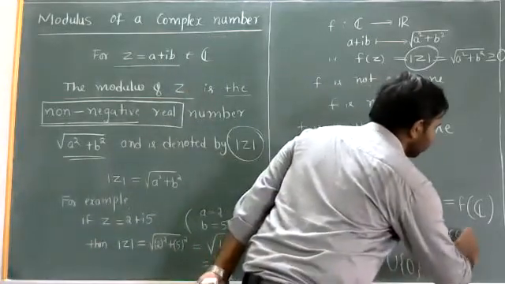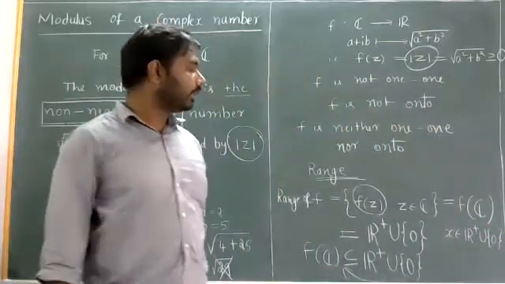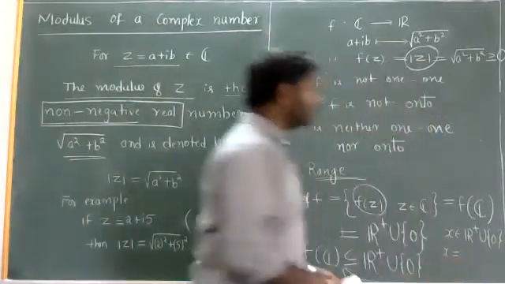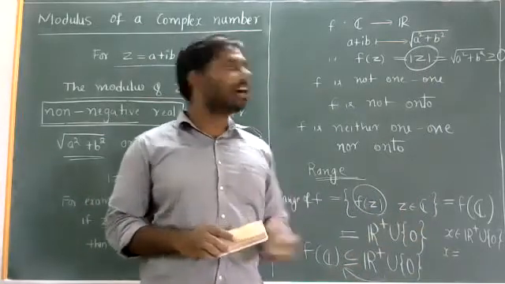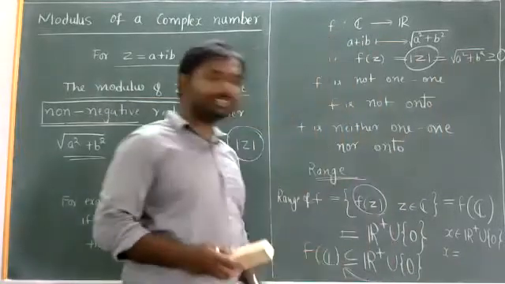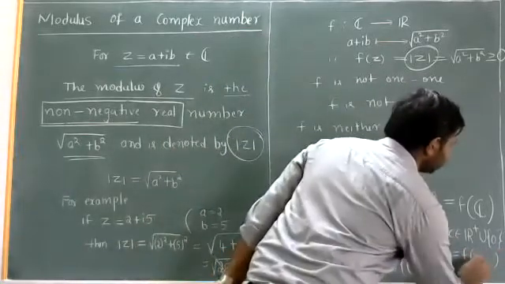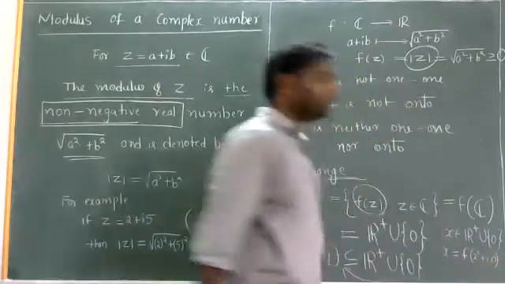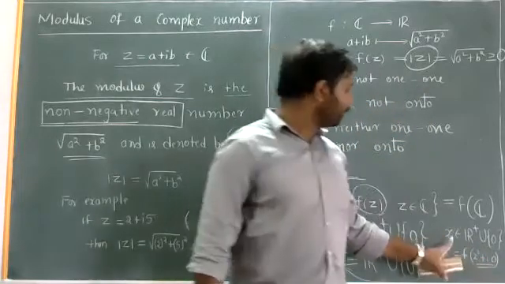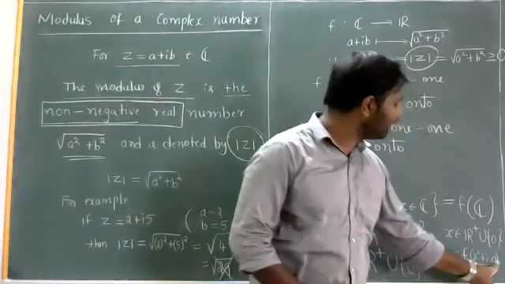So if you consider a non-negative real number x, then you have to show that x is the image of some complex number. And what is the image? It is the modulus. In this case, I can write it is the image of the complex number x square plus i into 0. Because x is a real number, x square will also be a real number. It is of the form a plus ib with b equal to 0.